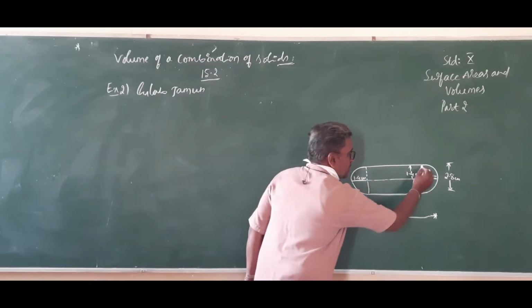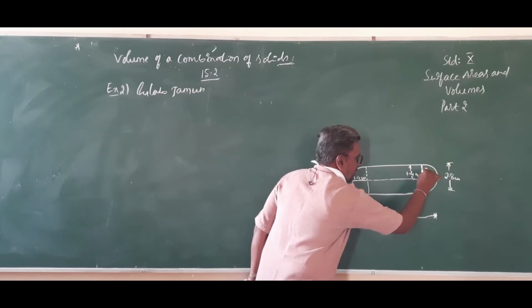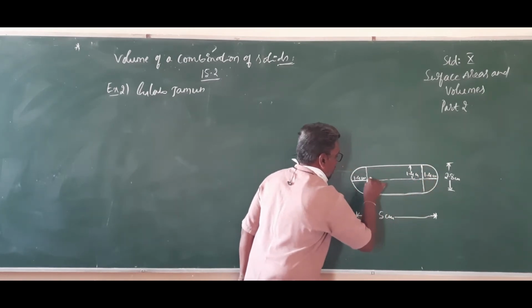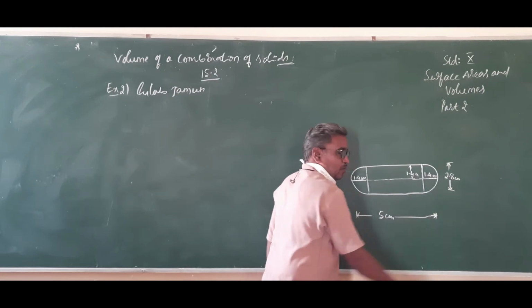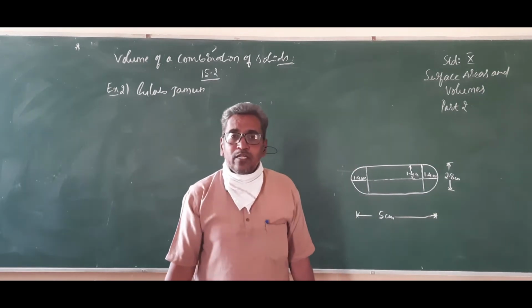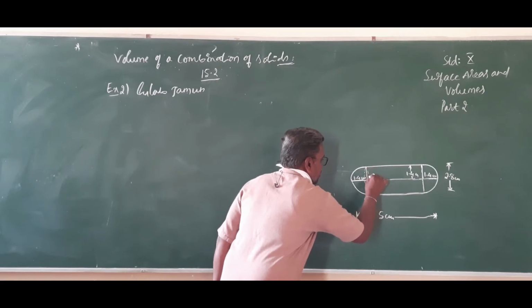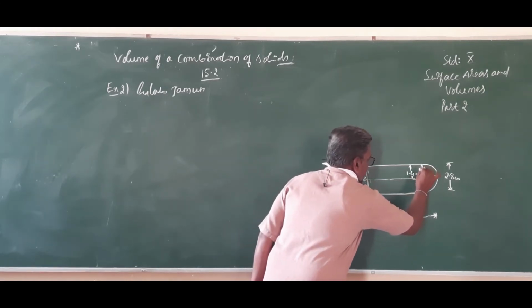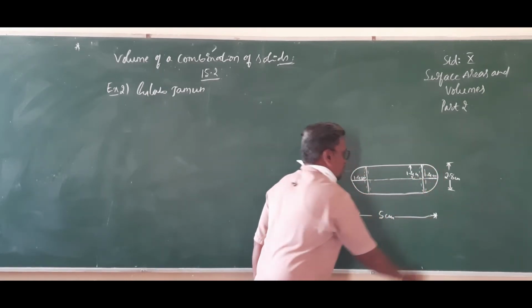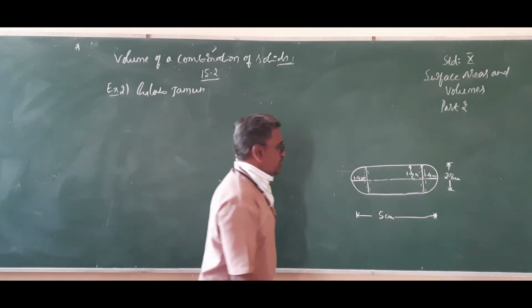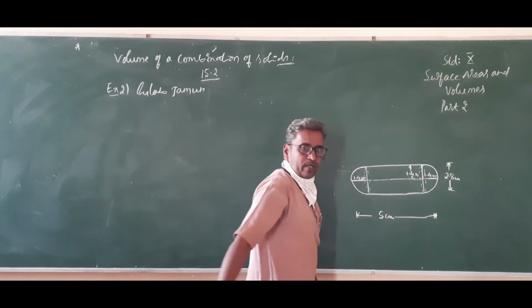When the two hemispherical parts are taken out, what is the length of the cylindrical part? The total length is 5 centimeter.